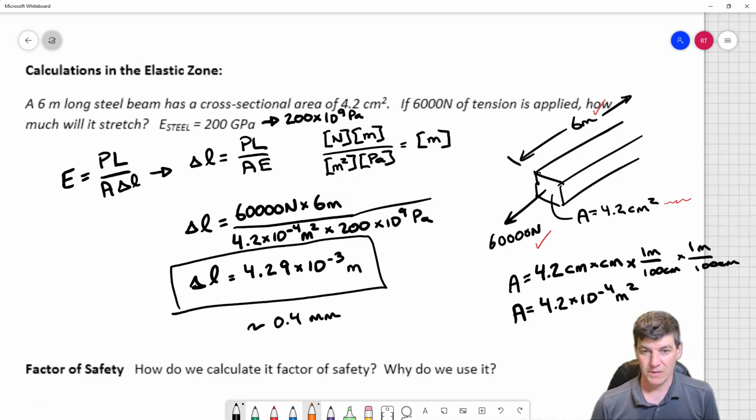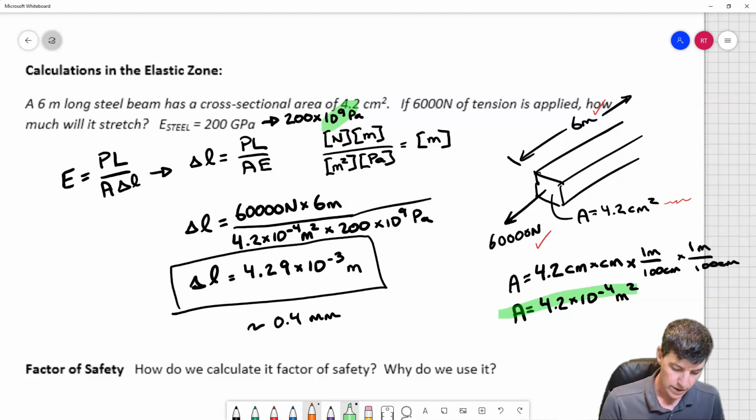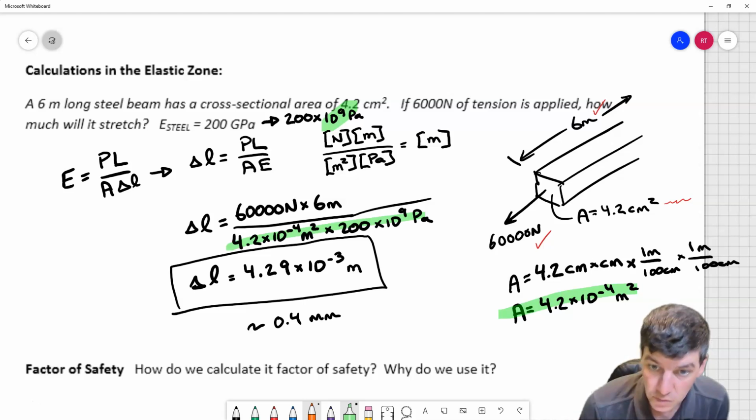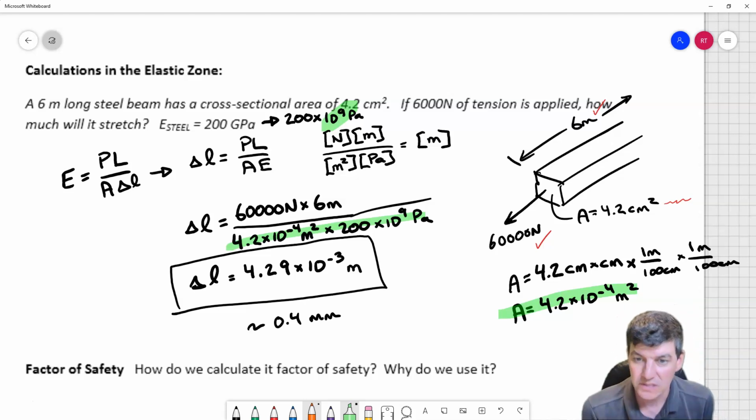And if you're not in the ballpark, the most likely thing that you've done is made a mistake, either by getting the wrong units, converting your area wrong, or calculating your area wrong, or doing your calculations here. Okay, so make sure that the answer you get sounds reasonable, and if it doesn't sound reasonable, then you've got a few spots to hunt around for solutions.